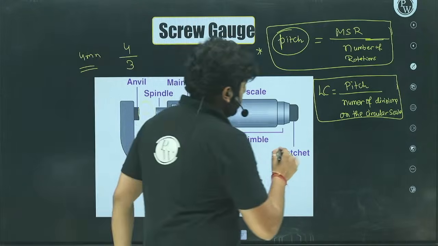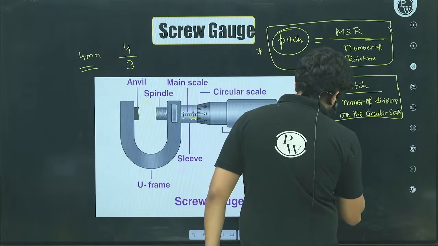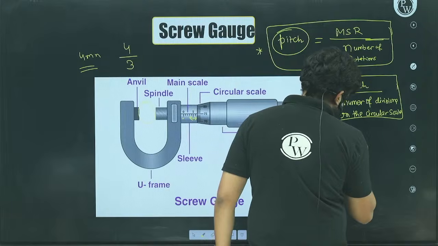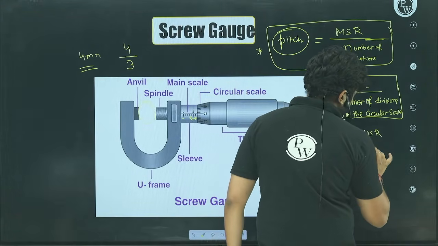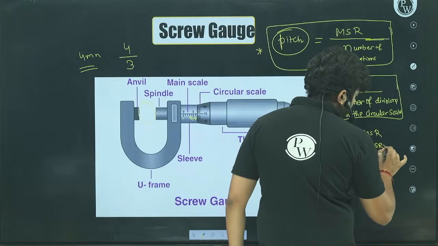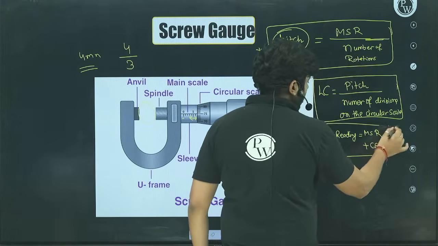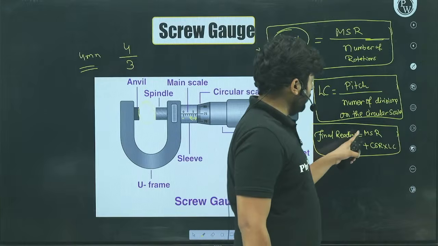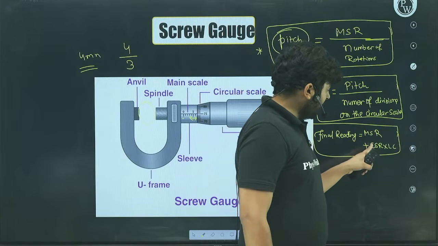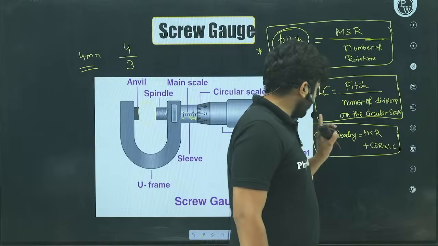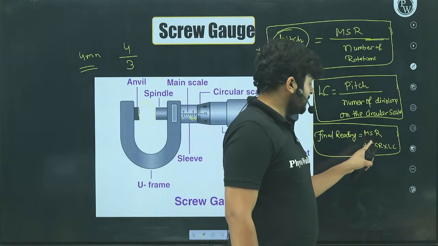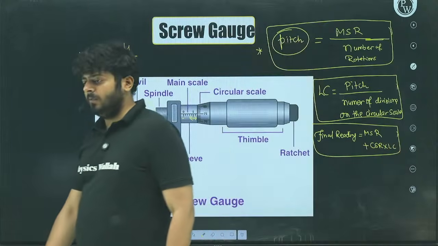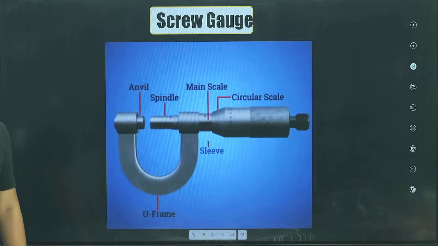So the final reading will be main scale reading plus circular scale reading into least count. In the case of the Vernier caliper, the final reading was main scale reading plus Vernier scale reading into least count. In the case of the screw gauge, the final reading is main scale reading plus circular scale reading into least count. I hope the idea is very, very clear, right?